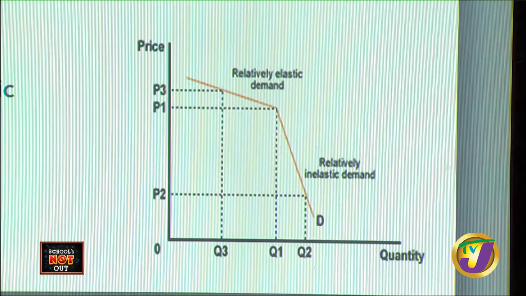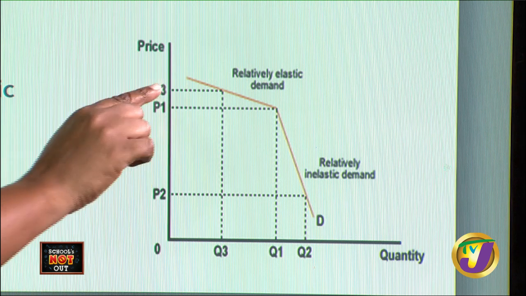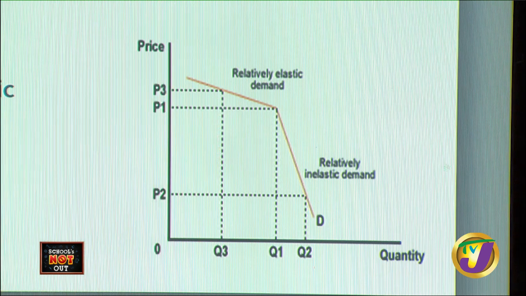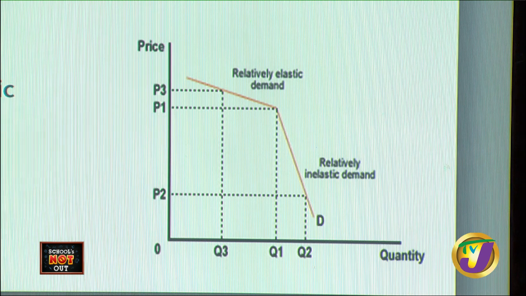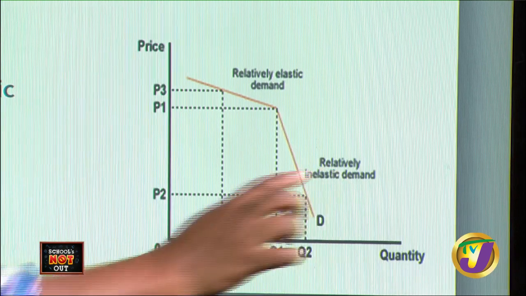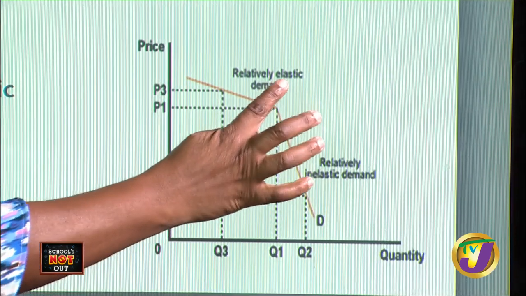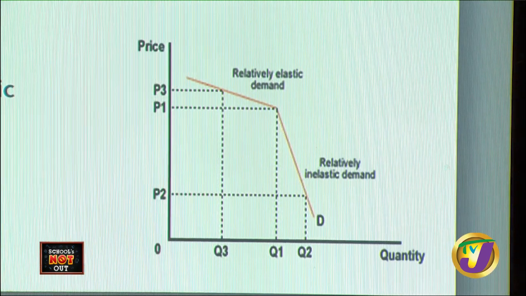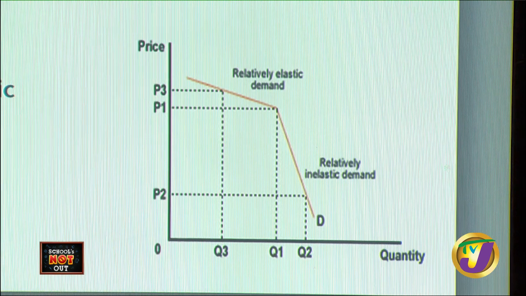Going back to last week's lesson, when we were looking at the elastic demand curve, you noticed it was a little bit flat, not so steep as this section that shows the inelastic. Remember that elastic means that they are highly sensitive or responsive to a change in price, and inelastic means that they are not so responsive or affected by a change in price.